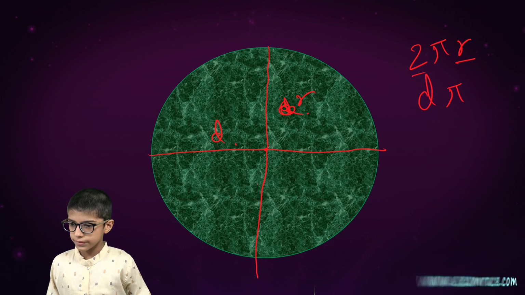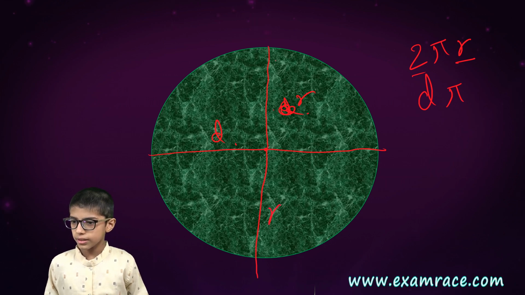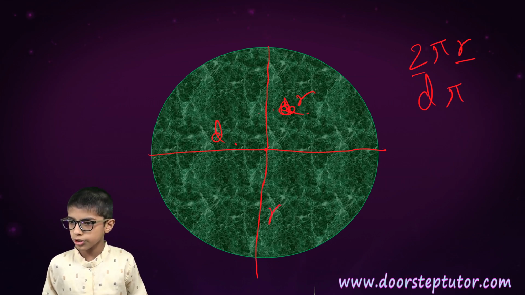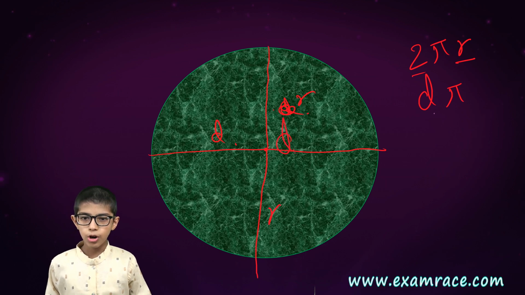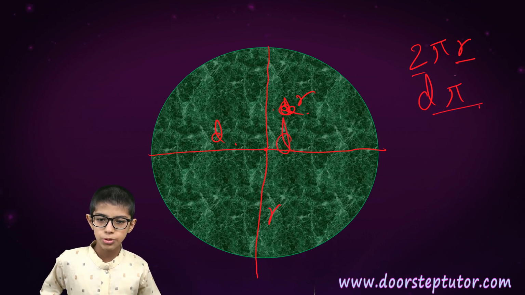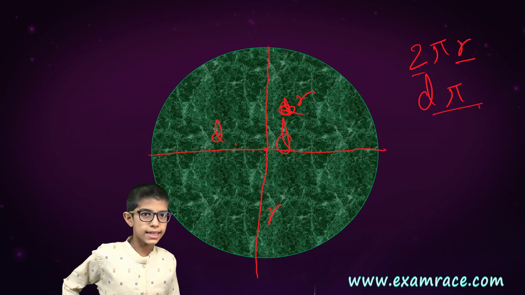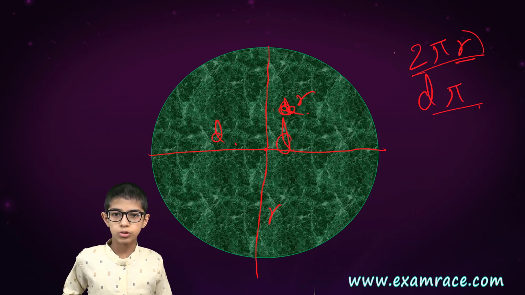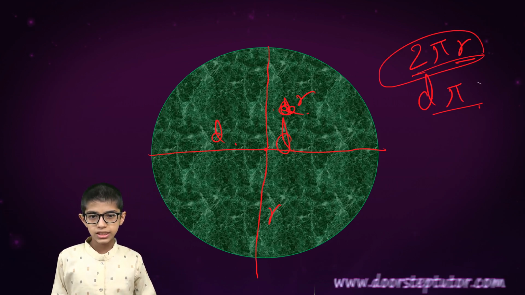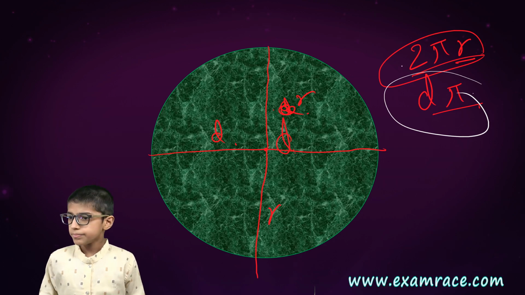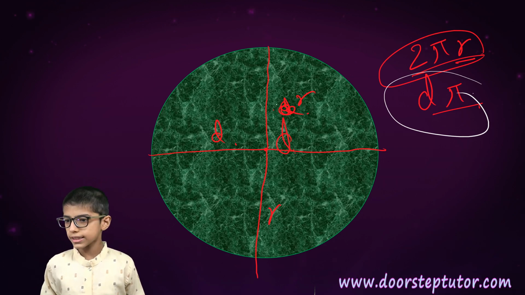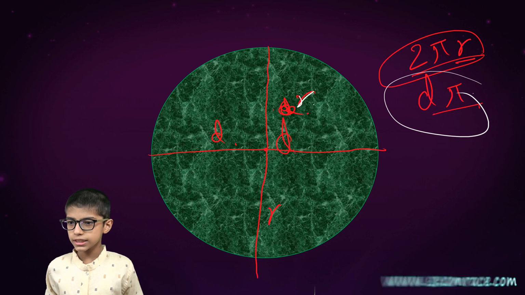One more radius if I bring here, then this would also be my diameter. Therefore, pi into diameter, or 2 pi r. If the radius is given, then you can use this formula, and if the diameter is given, you will use this formula. So, for example, let's take the radius as 5.